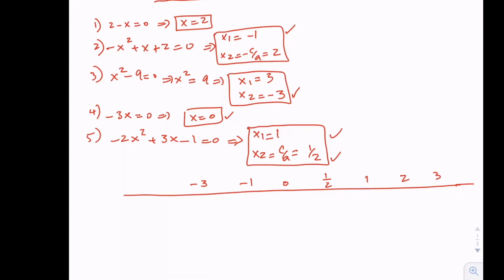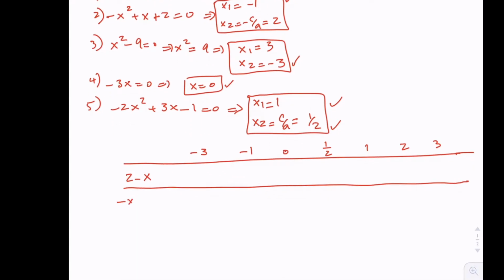So then we write down the expressions that we have in function f of x. So 2 minus x is the first row. Second row is minus x squared plus x plus 2. Third row is x squared minus 9.